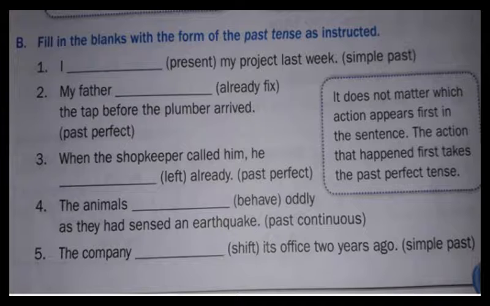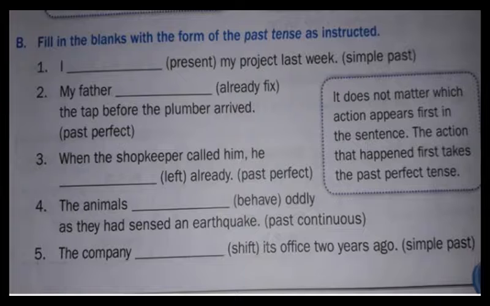Look at question number 1. I dash. In the bracket the verb given is present, my project last week, and the tense in which you have to use the verb is simple past. So I presented my project last week.